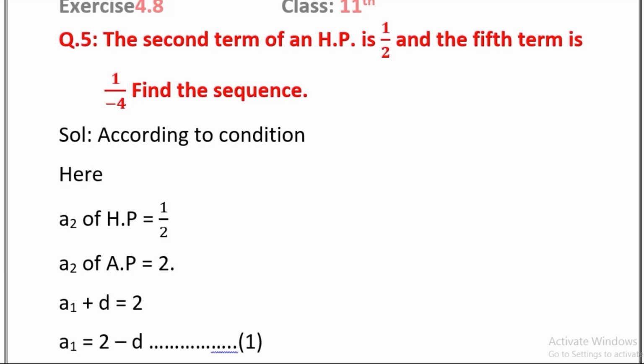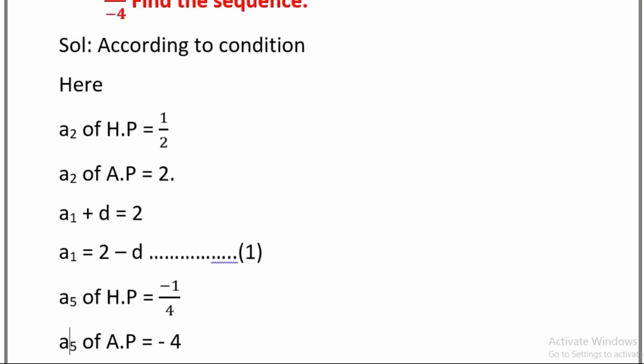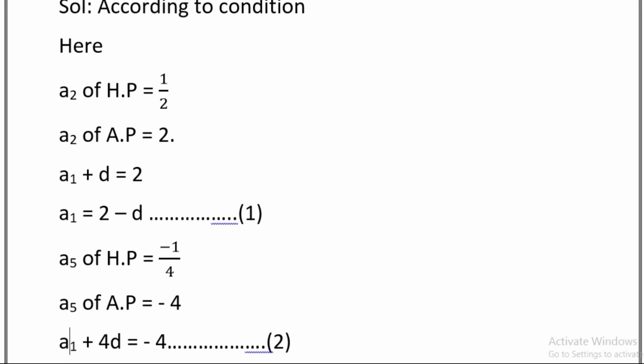Next, second condition, A5 of the harmonic progression is minus 1 divided by 4. So A5 of the arithmetic progression is the reciprocal of minus 1 divided by 4, which is equal to minus 4.